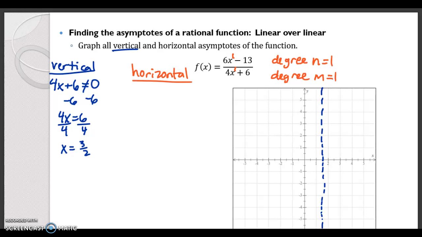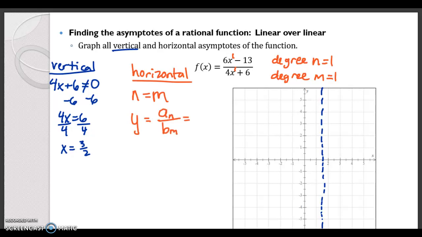Now I go over this in a previous video. The graph finding the asymptotes of a rational function constant over linear is a video I go over this. But now for horizontal, we have the degree of the top is equal to the degree of the bottom, which means our horizontal asymptote is going to be at a sub n over b sub m.